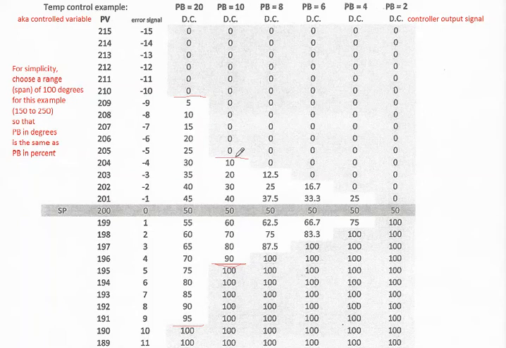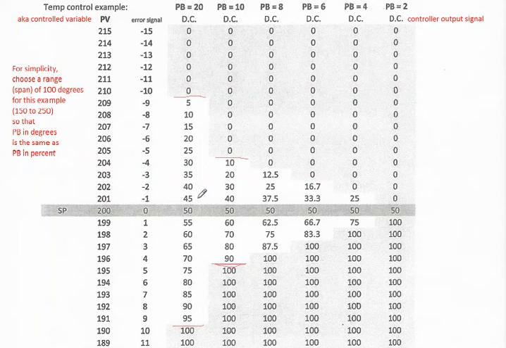So now the controller signal that varies from 0 to 100% will vary from 0 to 100% in half the distance, right? So now each degree that the set point varies causes a 10% change in the controller output signal.